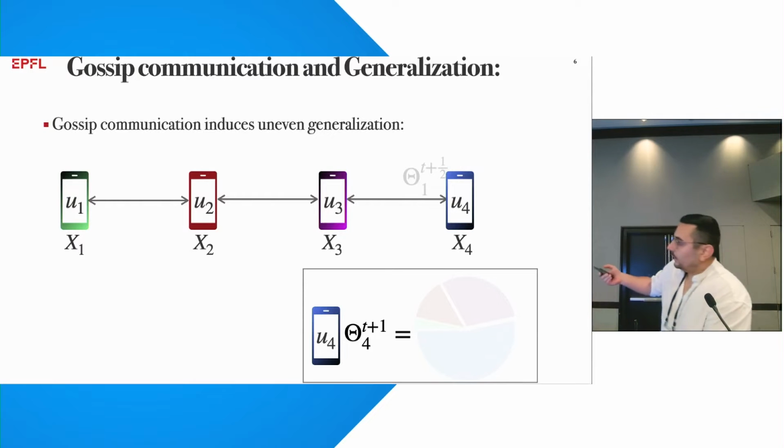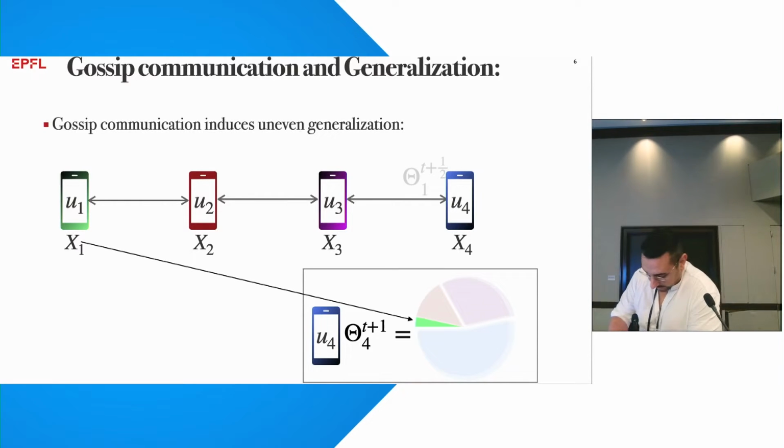Now, while a local model is a function of all the local training sets in the system, those local training sets don't have the same influence on the final local model.